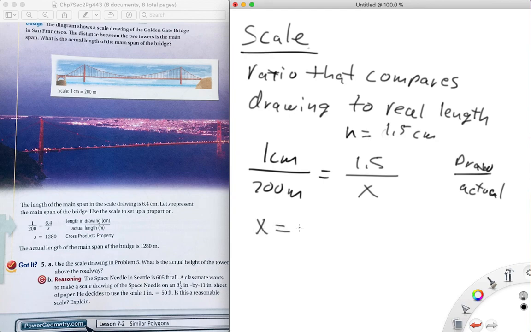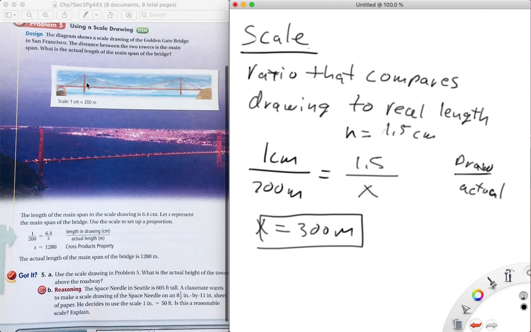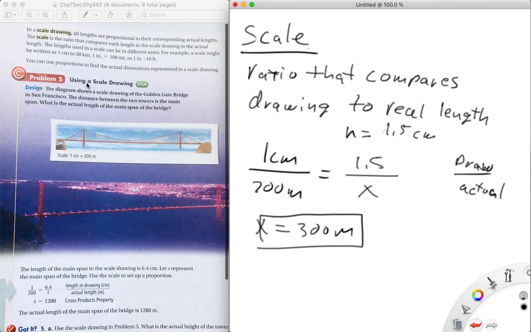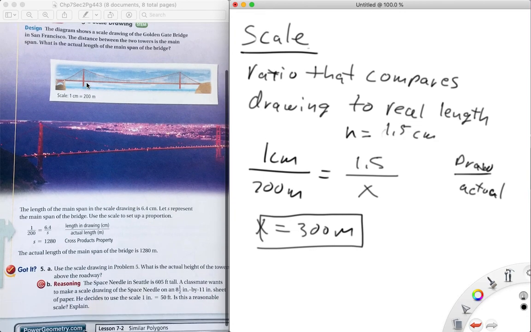So x equals, say, 300 meters. That's if I was given a number. I don't know what the tower is. I have no idea what the actual height of the tower is. Do they even give me that? Anyways.